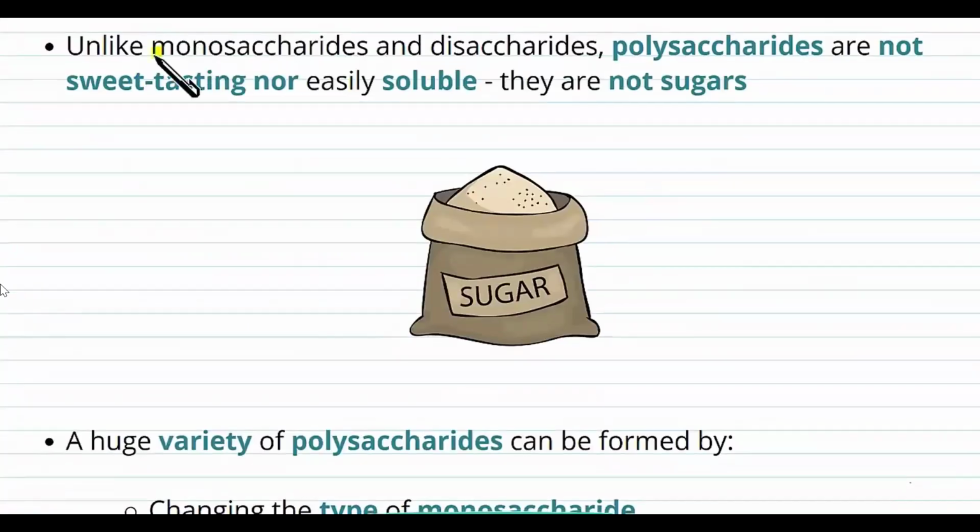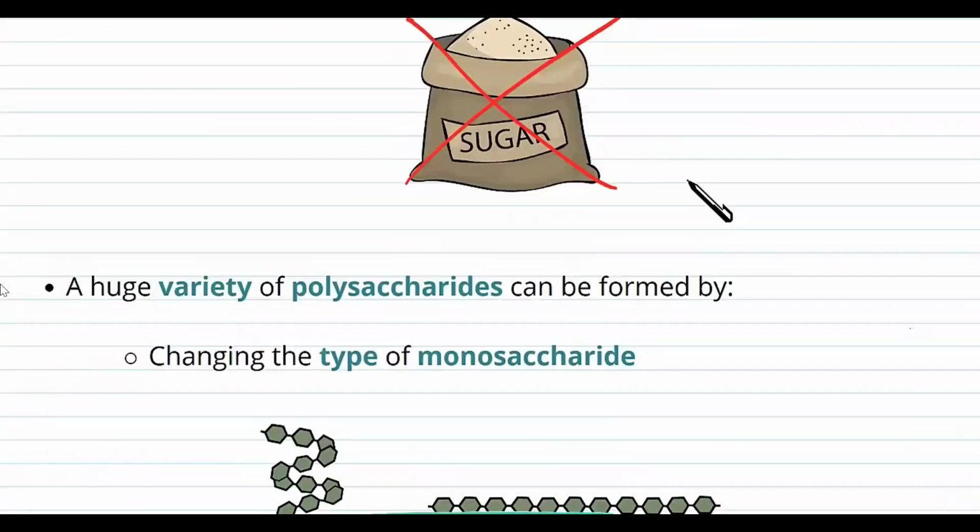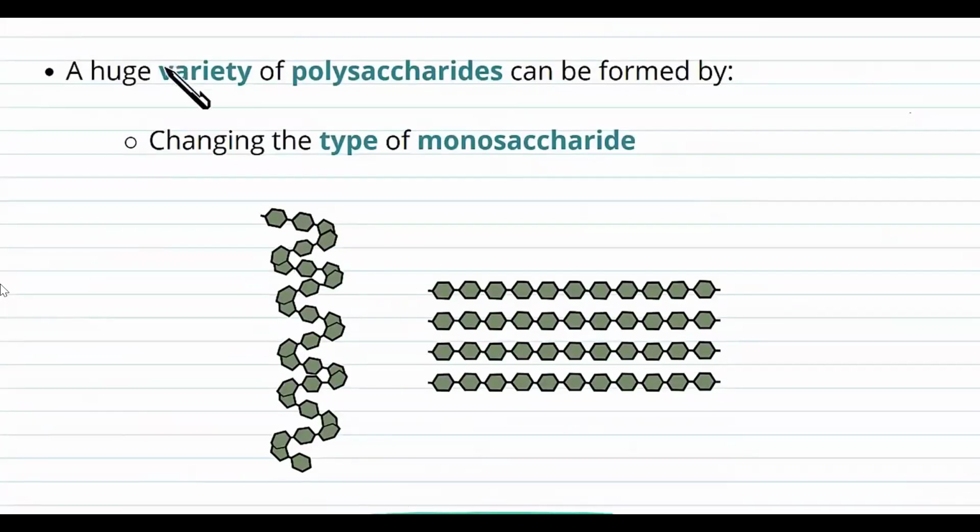They're different to monosaccharides and disaccharides because polysaccharides are not sweet tasting and they're not very soluble, so they don't dissolve very well in solutions. So they're not what we call sugars, whereas disaccharides and monosaccharides were. But polysaccharides come in much more variety, and the reason is because of the following. We can change the type of monosaccharide that we incorporate into a polymer.